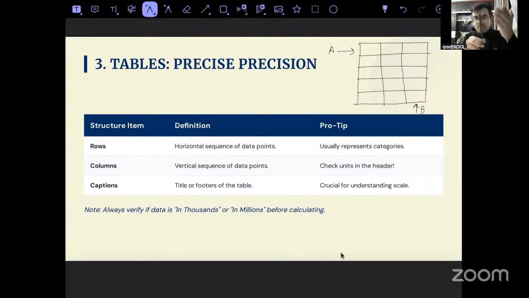That means left to right or right to left will be horizontal. Up to bottom, bottom to top, this will be vertical. Okay. So if you are clear about horizontal lines and vertical lines, what next? So we have rows.